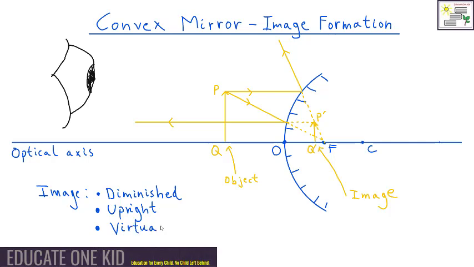It's not a real image. It's virtual because the light rays, so this light ray and this light ray that would enter the person's eye, these light rays only appear to have come from this point. They don't really start or emerge from this point. The brain only thinks that they come from that point. So that's why this is a virtual image.